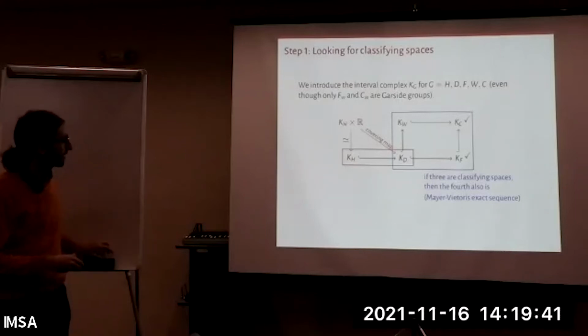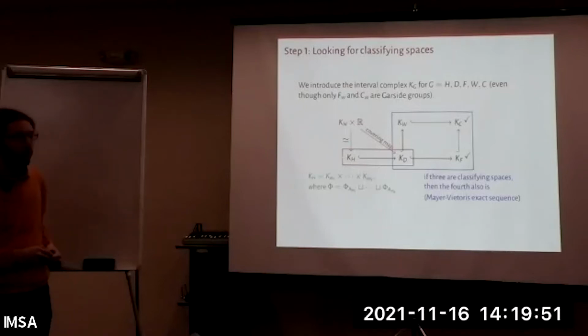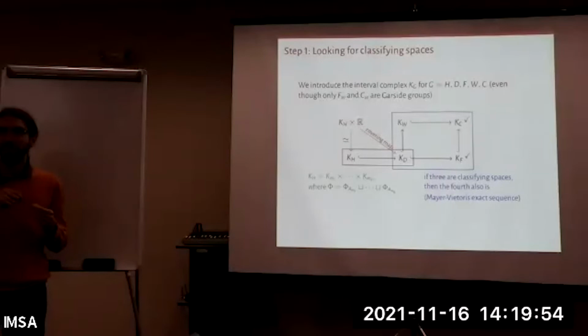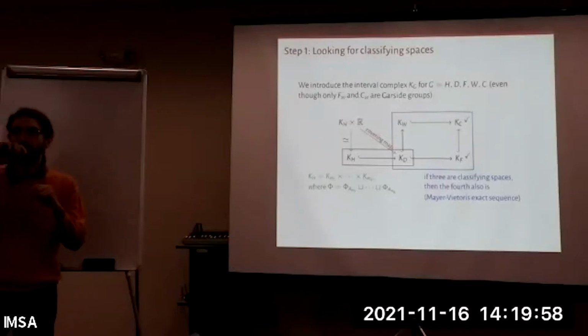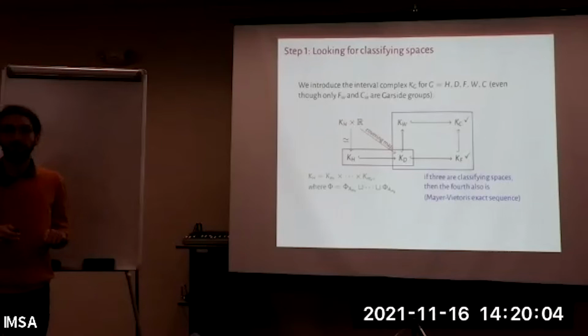So basically, a lot of the interesting information lies in these two complexes here. In fact, this complex KH indexes the partial factorizations of our Coxeter element which only use horizontal reflections, essentially.